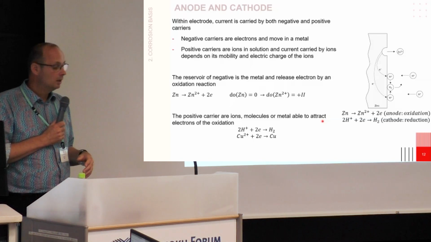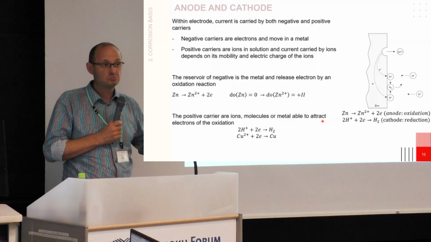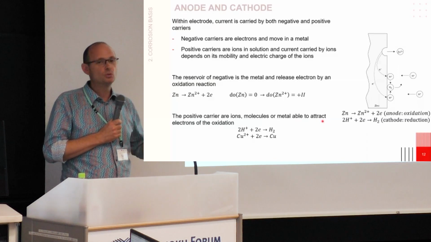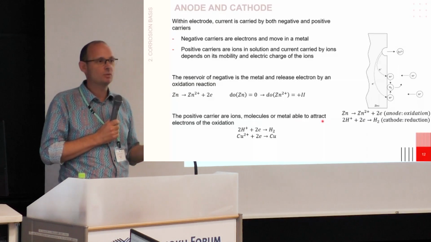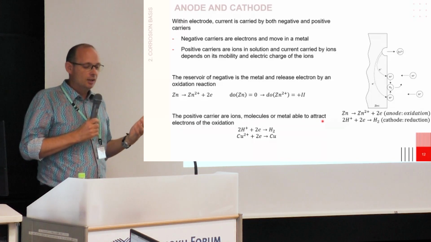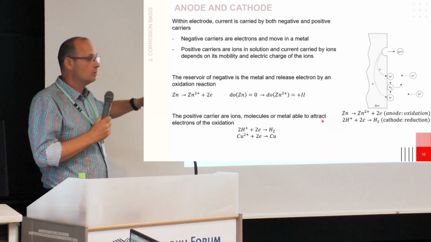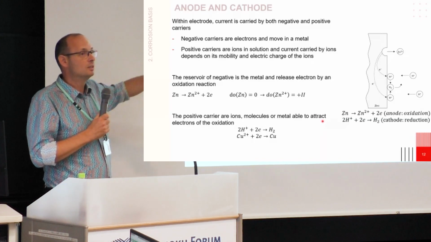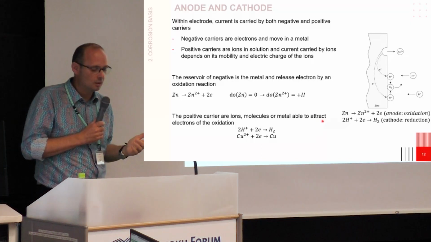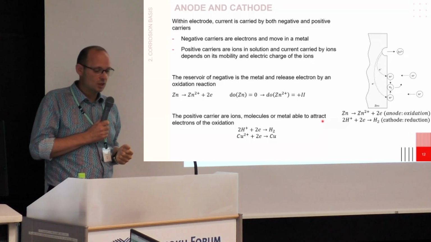Negative carriers are the electrons, okay, minus, and they are moving in metal. So usually for students, we are saying that electrons do not know how to swim. So that means that if electrons move in the material, the charge may move in water in something, so they are moving in ions. That's the positive charge carrier.